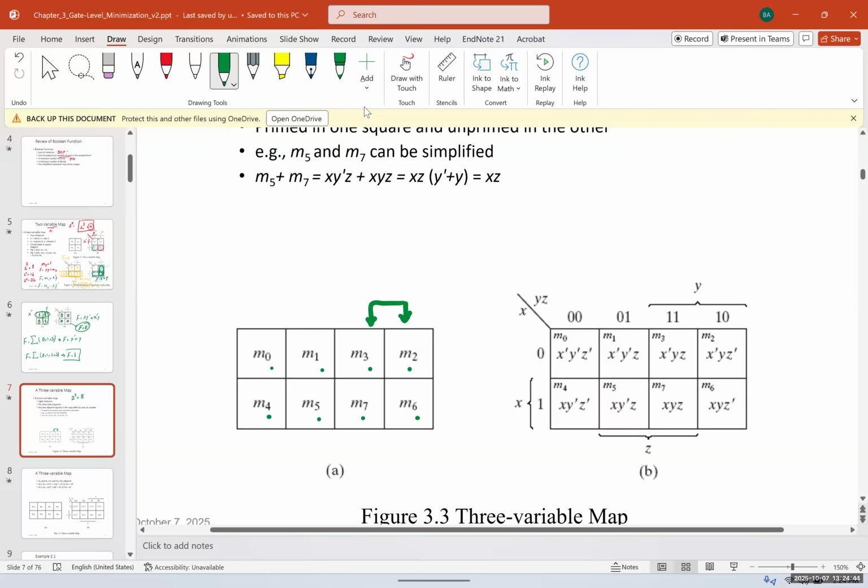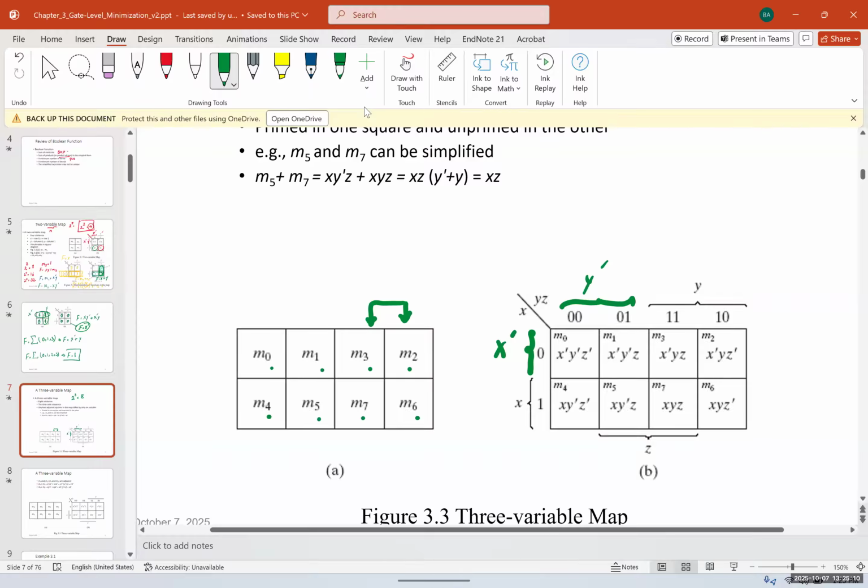And the way that we show X, Y, and Z, the variables, the rows are the X variables and the columns are the Y, Z. The second row is X. The first row would be X prime. The 2 first columns are Y prime.